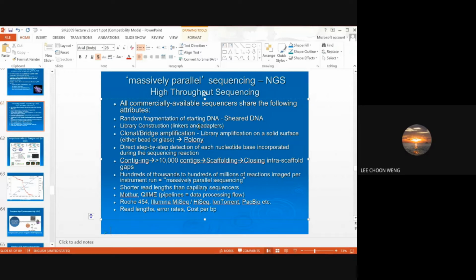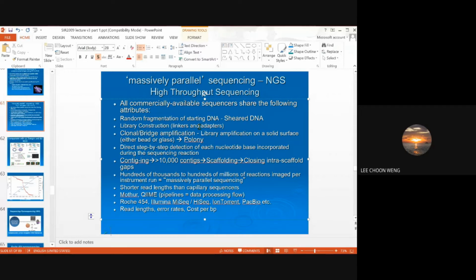But how do they know which sample is which? That's where the adapters come in, the linkers come in. They will have specific barcodes in the gene sequence, in the linkers and adapters, so that they know from the sequencing data later where this data is from and from what sample.